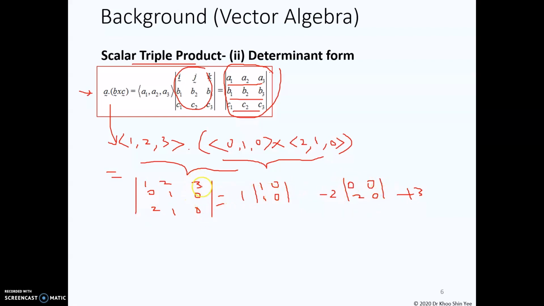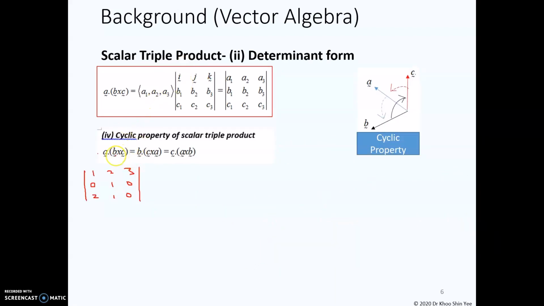Lastly, cross the column and row here, you obtain 0, 1, 2, 1. And this one you obtain 0, 0 minus 0 you obtain 0. Lastly, 0 minus 2, so you have negative 2. So the final answer here is negative 6.